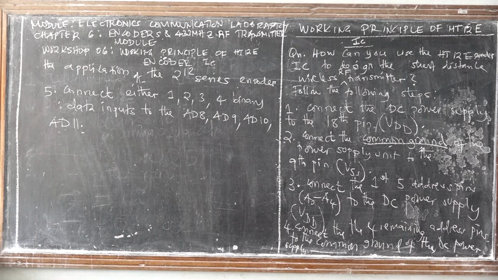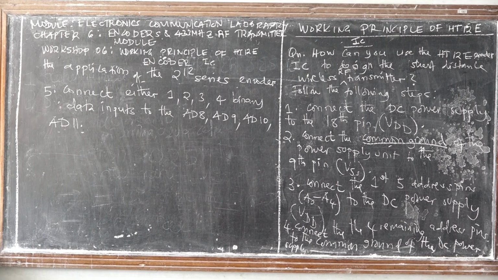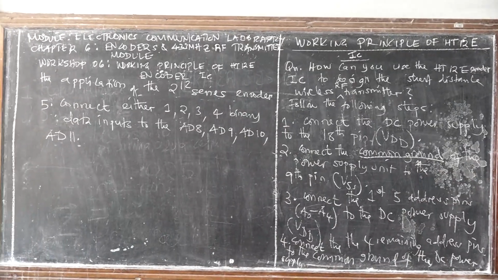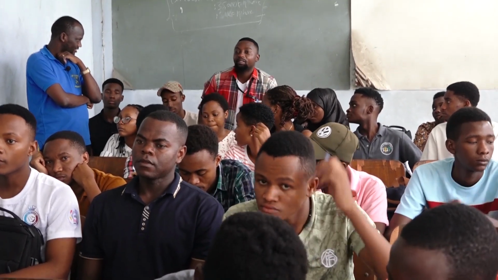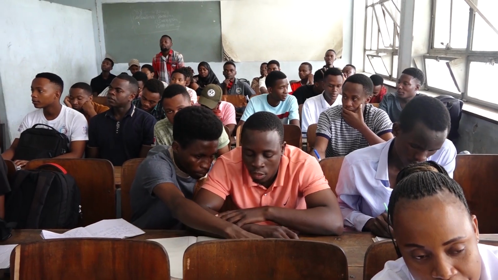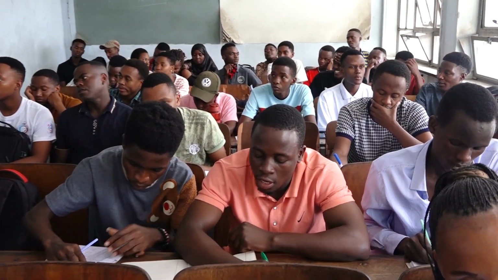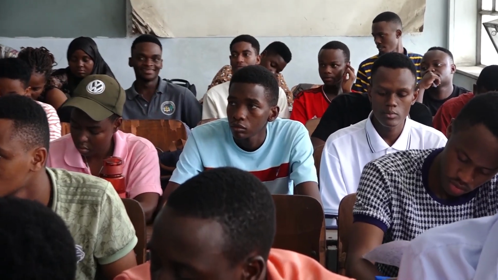So did you understand the first step? Did you understand the first step? Yes. The second step? Did you understand the second step? Connect the first 5 address pins. You don't know the address pins found in an HT12E encoder? So the first 5 address pins, it means pin number what up to pin number what?